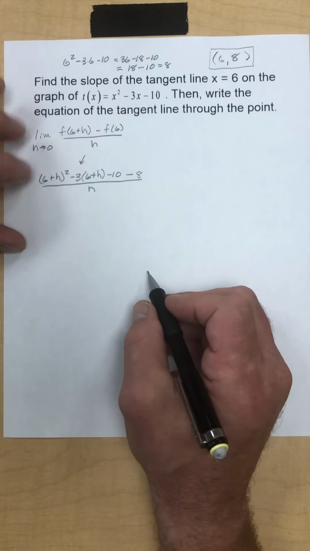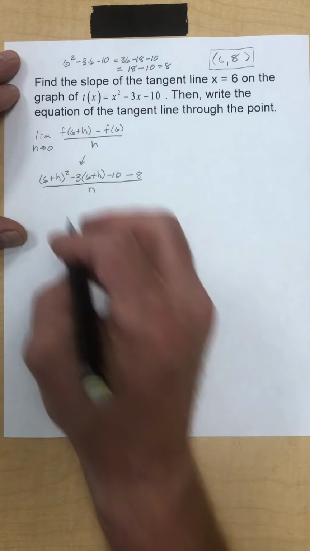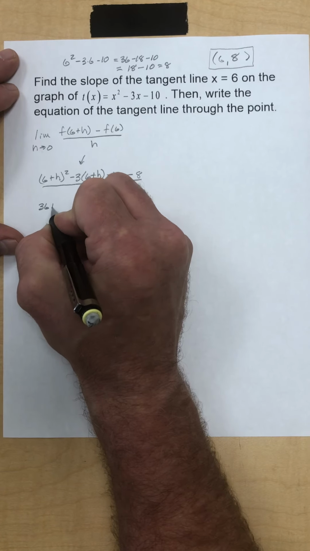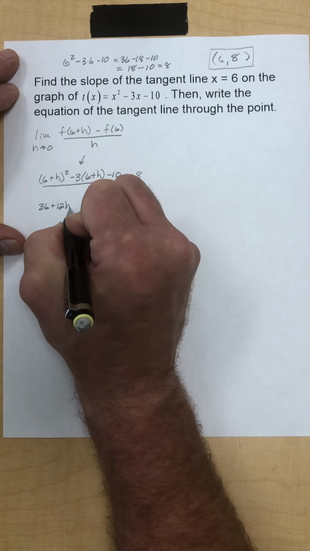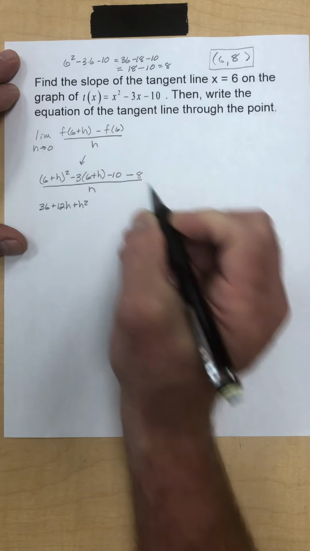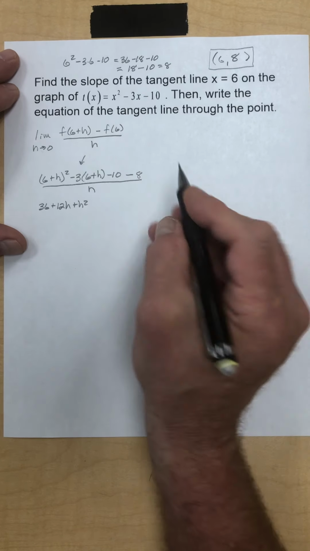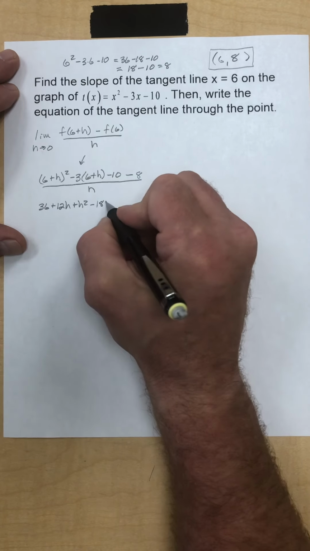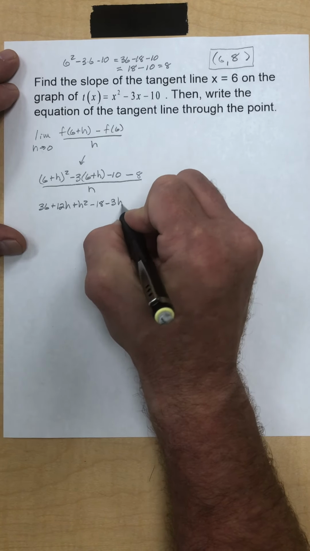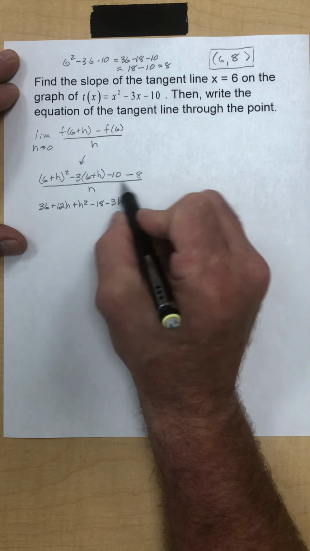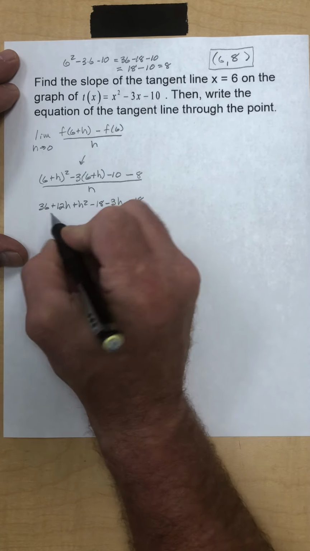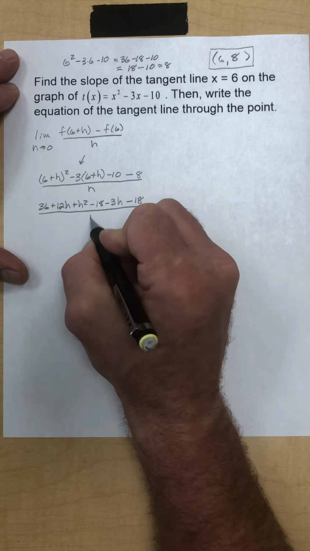Let's just simplify. I expand 6 plus h squared, so I get 36 plus 12h plus h squared. Here I distribute a negative 3, so I get a negative 18 minus 3h. And notice this negative 10 minus 8 is just negative 18, and that's all over h.